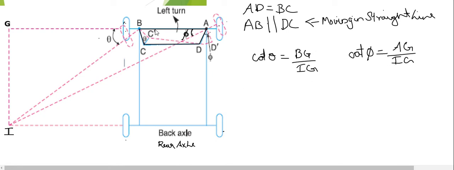And this AG can be split up as AB plus BG. AB is already our length, so cot phi can be rewritten as AB plus BG over IG.